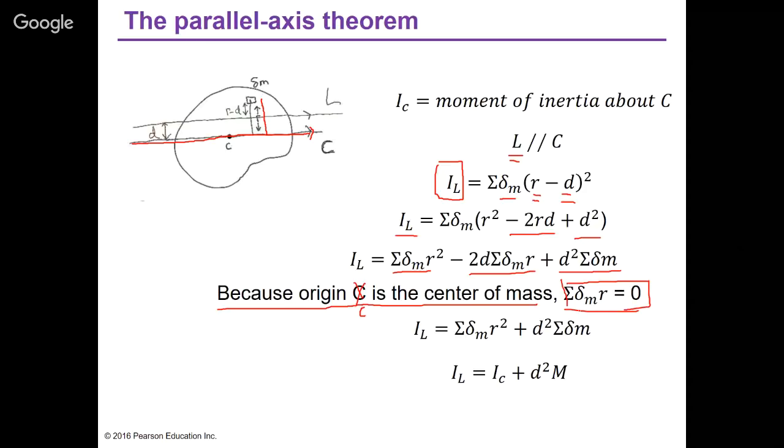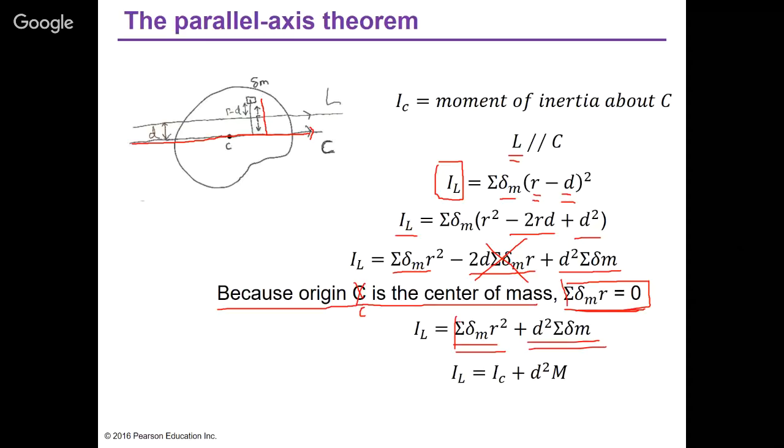So that tells you the first moment of the mass is 0. Therefore, this term drops, and you have the moment of inertia around the new axis to be the sum of the first term and the second term, right?